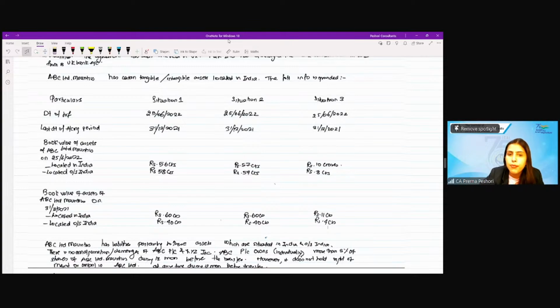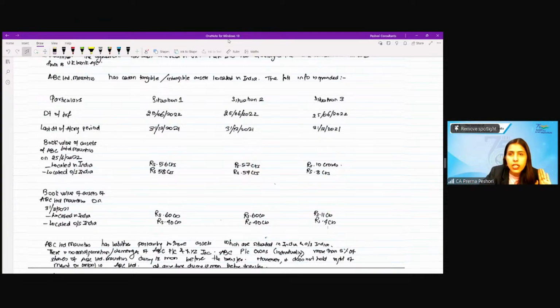Answer is no, because the holding is still more than 5%. The act says that if you do not have the holding more than 5% and you do not have any right of management or control, only then you will be outside the purview of the indirect transfer provision. Are we clear?